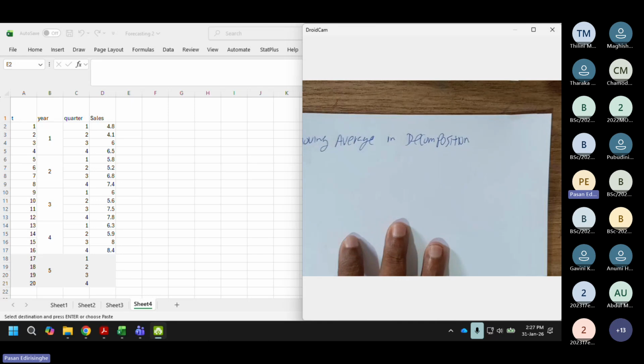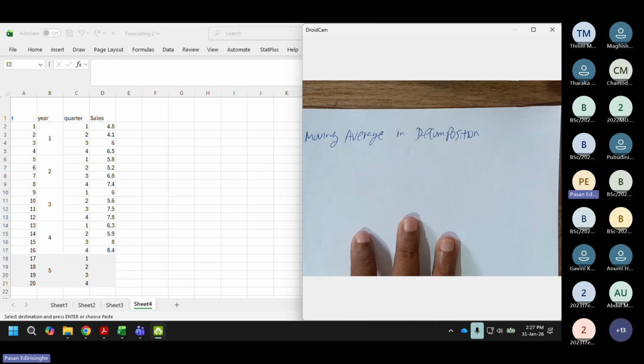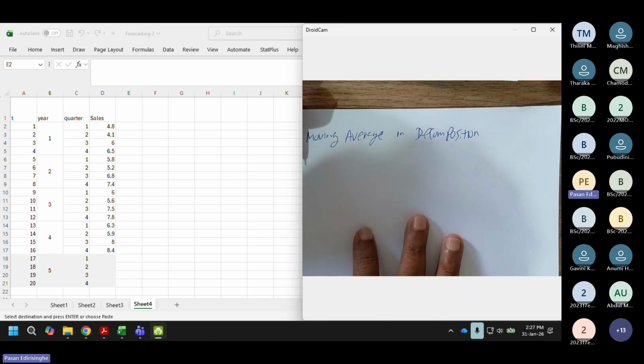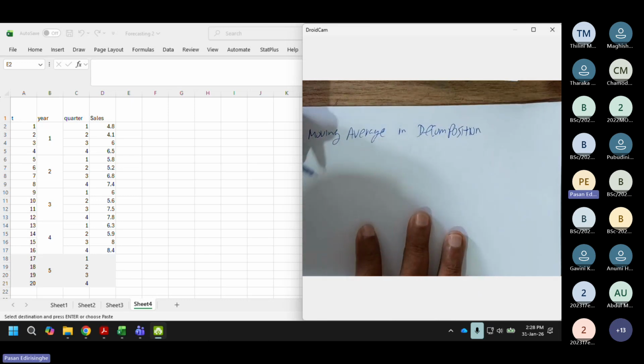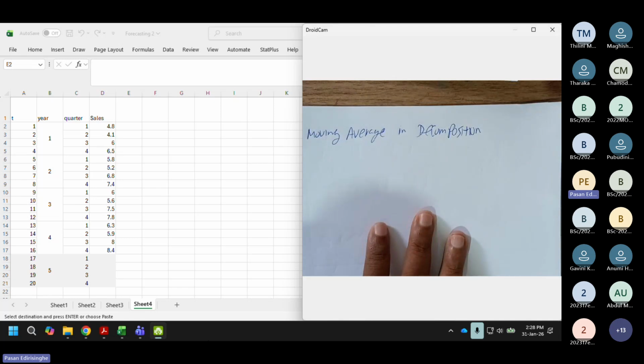So let's apply the moving average concept in our decomposition. The idea is that whenever you are doing the moving average, previously we used the moving average concept as a prediction, right? But now we are using the moving average concept just to smooth the situation, just as a smoothing value, right?